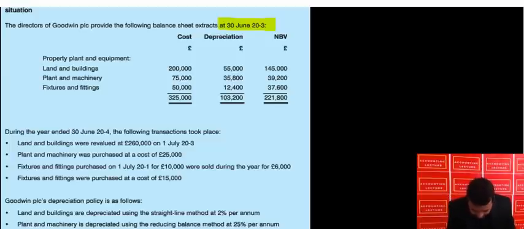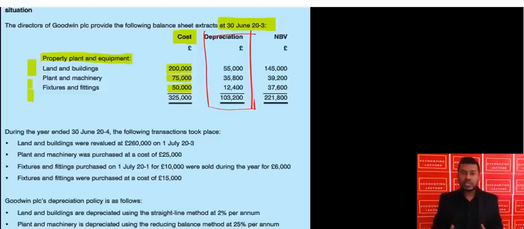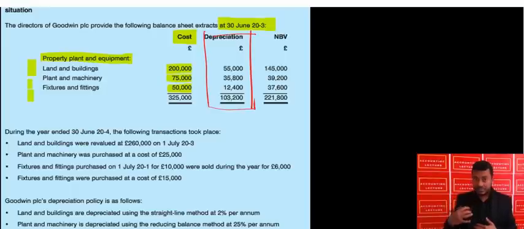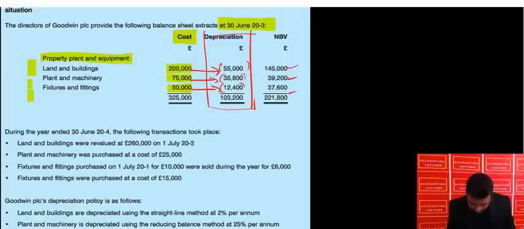Property, plant and equipment is the heading, but you are given information on three assets: land and building, plant and machinery, fixtures and fittings. Cost, these are all opening: 200,000, 75,000, 50,000. We'll take it into our pro forma. Depreciation, I said we will deal with in a minute. Once we deal with the cost part, then there will be the depreciation part, and once you take it away from cost, you get net book value.